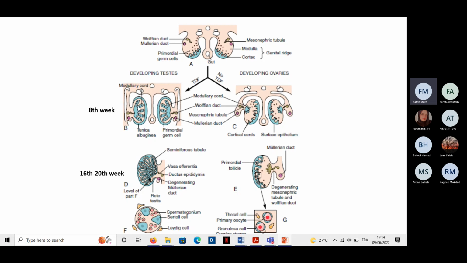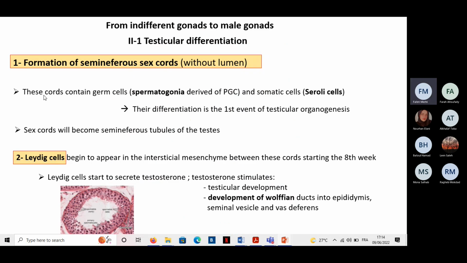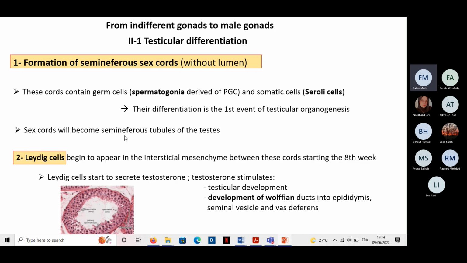So inside of those cords that will become the seminiferous tubules of the testis, we will have the spermatogonia, or the stem cells at the origin of the spermatogonia, and we will have the somatic cells.